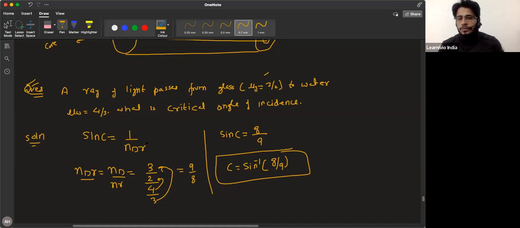Sir, I got 9 by 8. 9 by 8 is the refractive index, but your sin c is not that, it's 1 by that refractive index. So you have to inverse it. Okay, 8 by 9. So the refractive index is correct, but your sin c is 1 by the refractive index. So you get sin inverse 8 by 9.